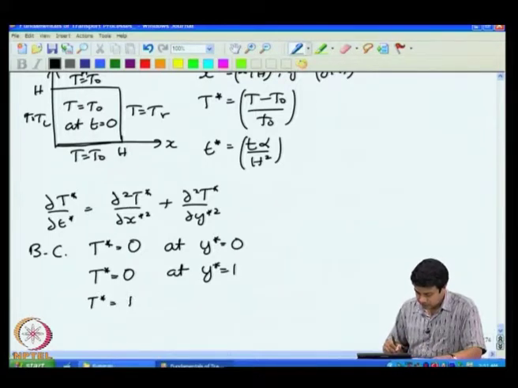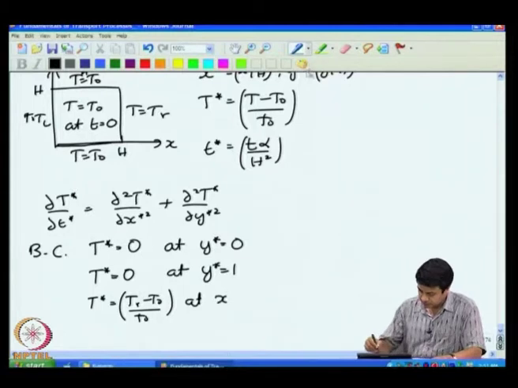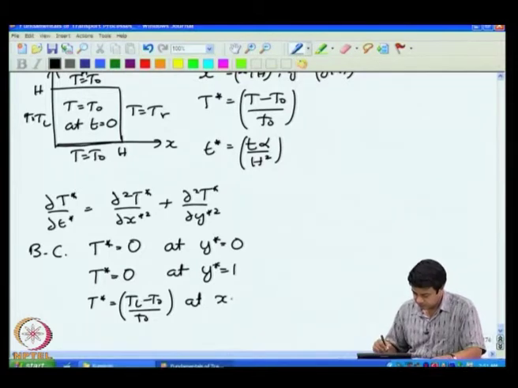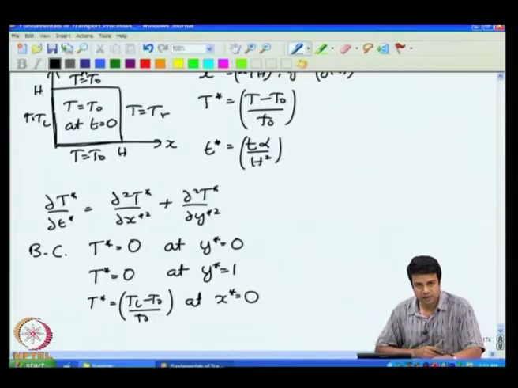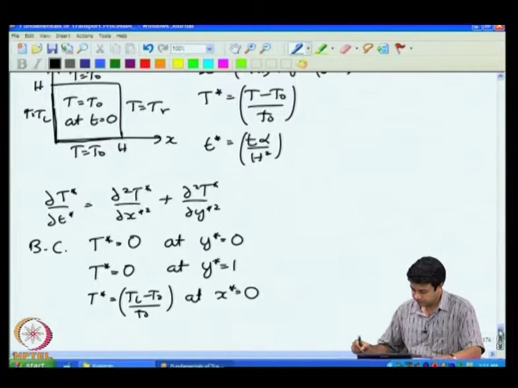T star is equal to T L minus T naught by T naught at x star is equal to 0. On the left face, T is equal to T L, therefore, T star is equal to T L minus T naught divided by T naught.